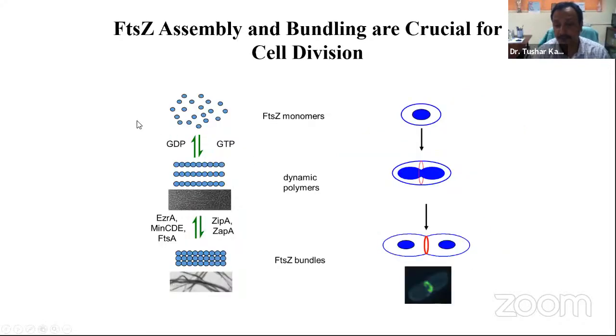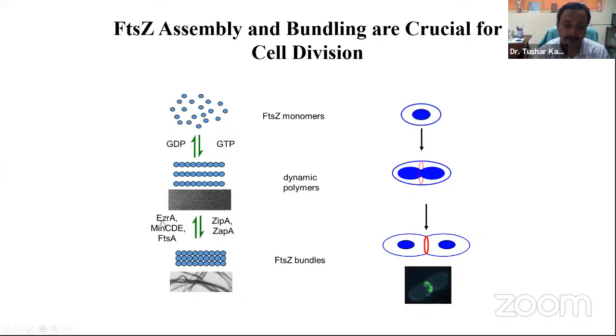If we want to know how FtsZ helps the formation of this ring, here you can see the FtsZ monomers. In the presence of GTP, they form a single protofilament, and at that time the ring formation will start. Then ZipA and ZapA are the enhancers, and there are other enhancers also recently discovered.